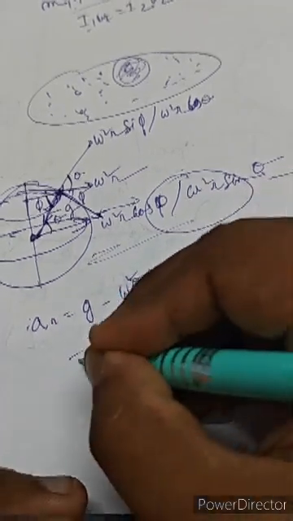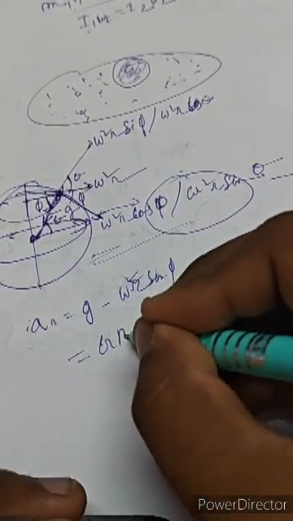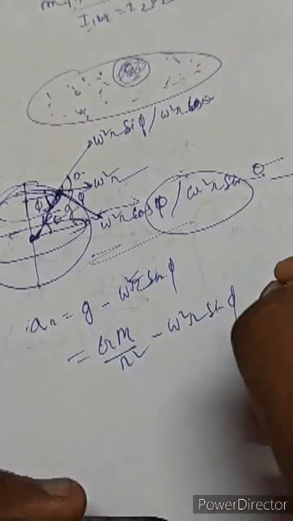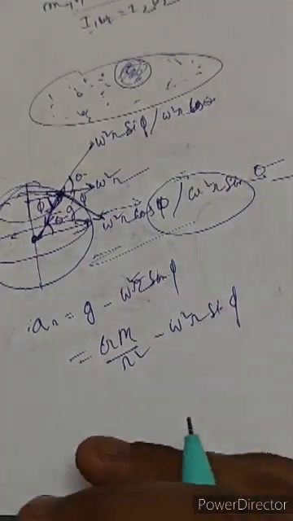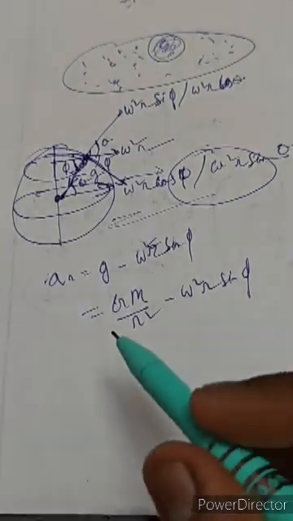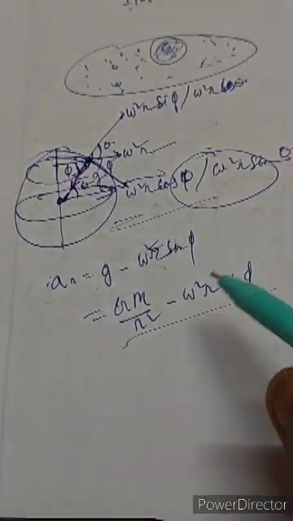So here we see GM by r square minus omega square r sine phi, and so students, that is the net acceleration.